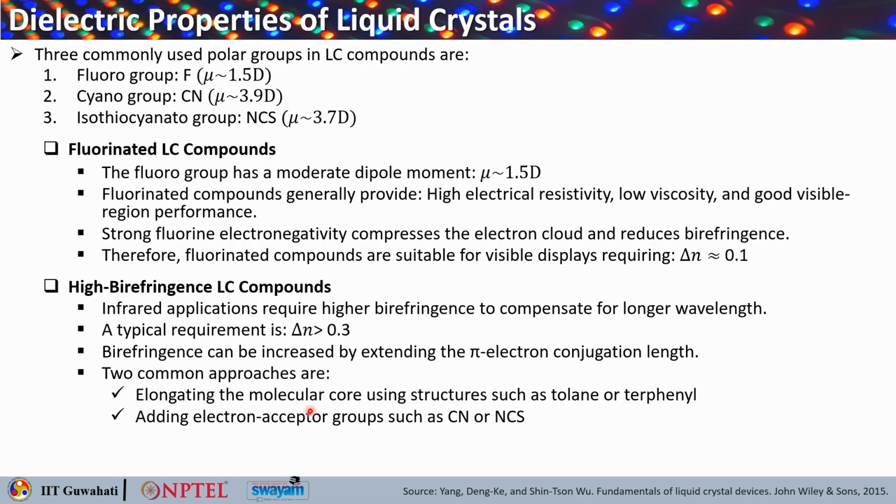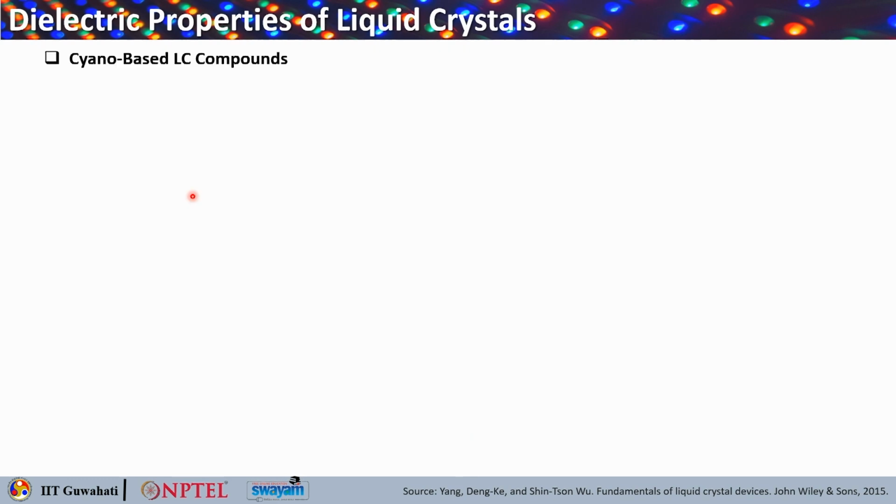So, what are the two common approaches followed here? The one is elongating the molecular core using structures such as toluene or terphenyl, okay. And the other approach would be adding electron acceptor groups such as CN or NCS, that is cyano or isothiocyanate groups. Now, here you can compare the properties also.